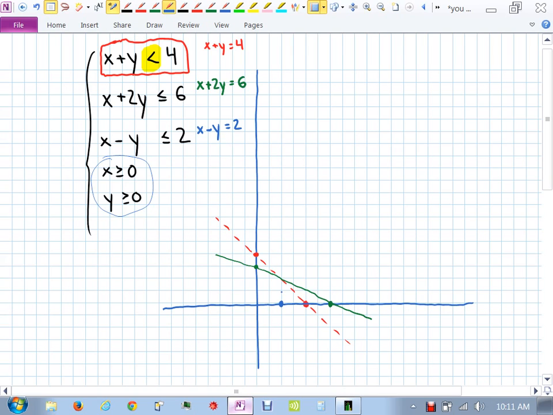Be careful here. -2. Right? The y-intercept, if you set x to 0, you get -y equals 2. Multiply both sides by -1, you get y equals -2. So it's down here. And then you draw a line through those.